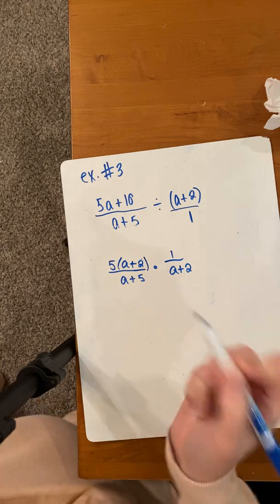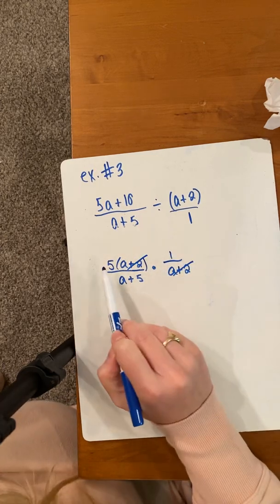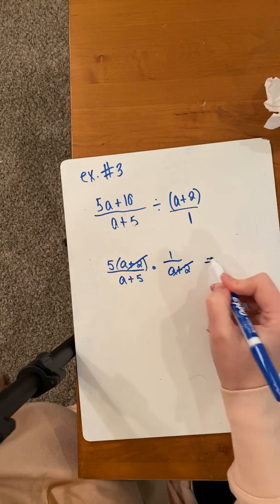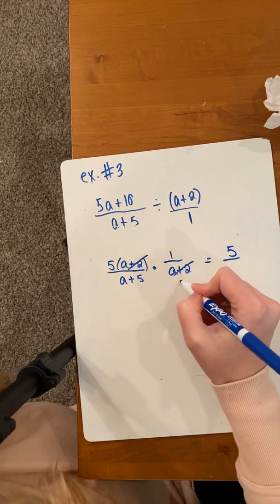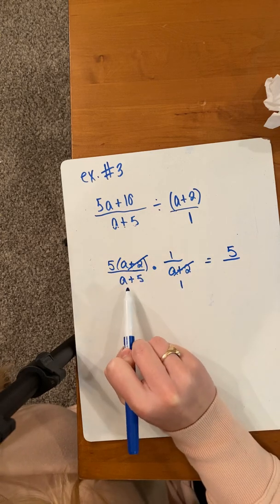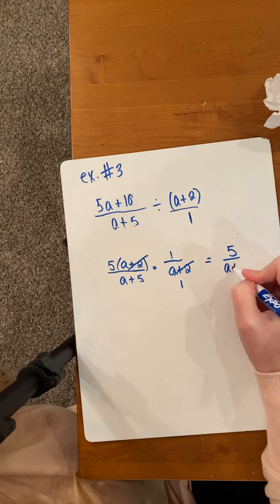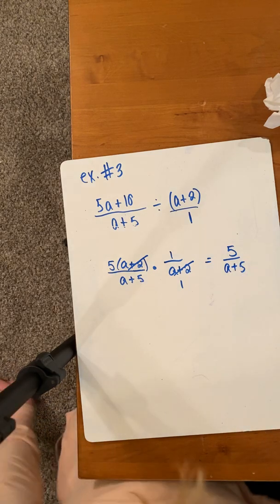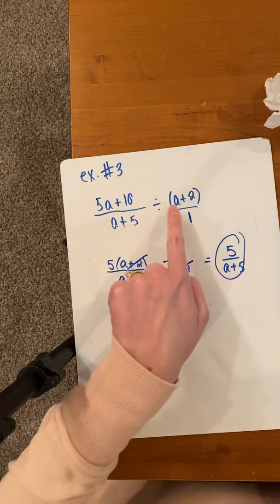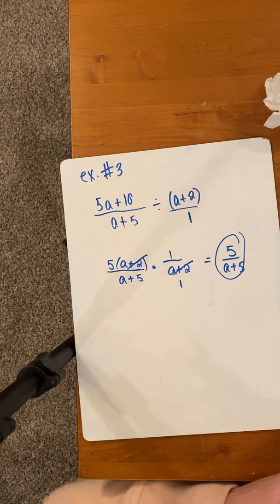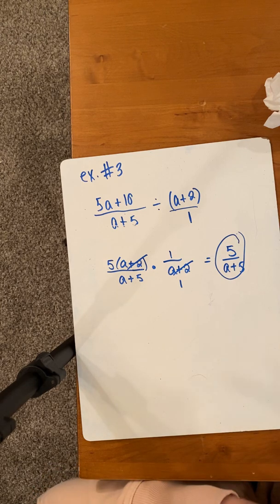And now you see you have some canceling. You can cancel out a plus 2 top and bottom, and you're left with 5 times 1, which is 5, over a plus 5 times 1. Anything times 1 is itself, so a plus 5, and that's your final answer. So if you're given a binomial just by itself, don't forget in your first step to put it over 1. That way when you do the reciprocal, it becomes 1 over your binomial.